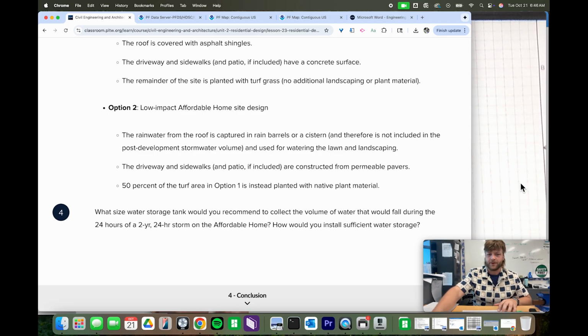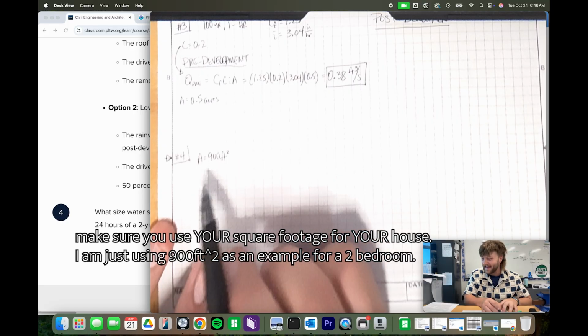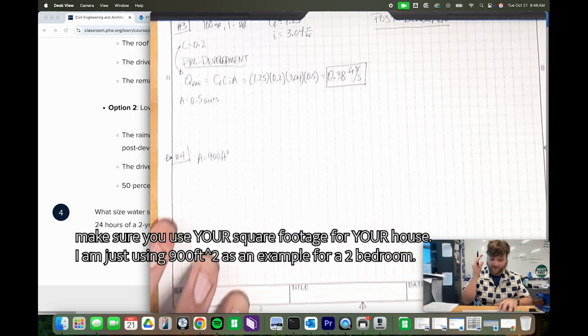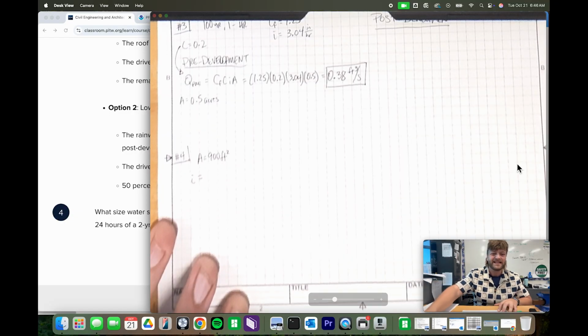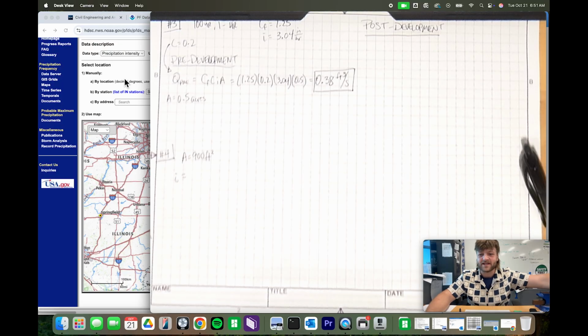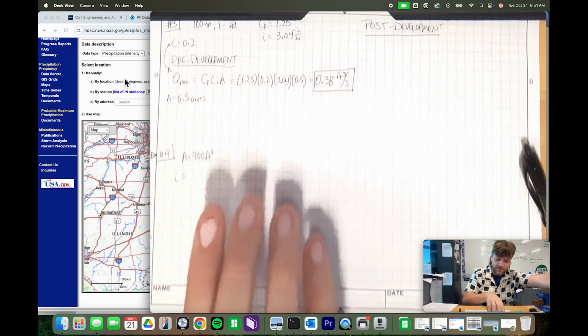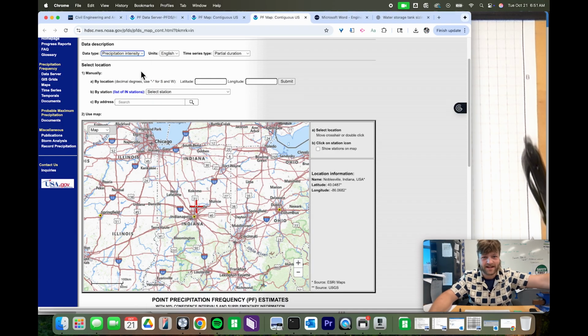Okay. So we're going to use that area in this calculation. Now, first off, I is what we want to be looking at. So they said for a 24-hour, 2-year storm. As we move forward with this question, this is what I found. I put in Noblesville, right? I clicked on there, and what happened is this actually went back to that precipitation depth.